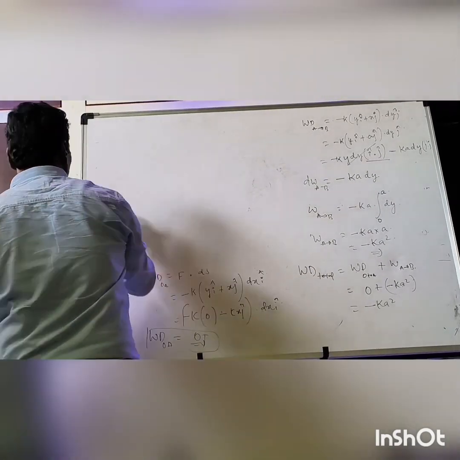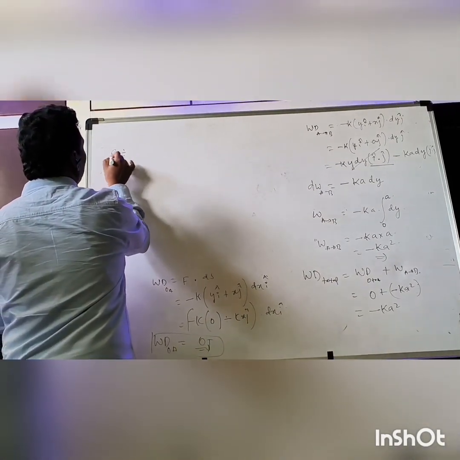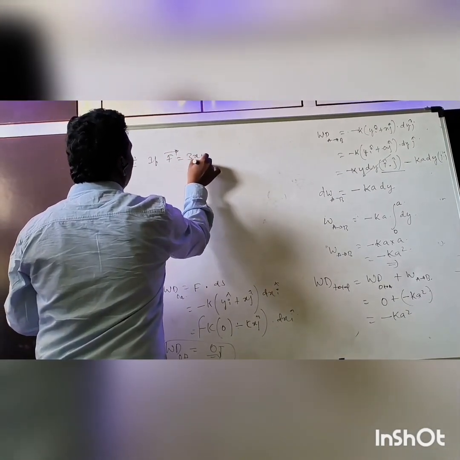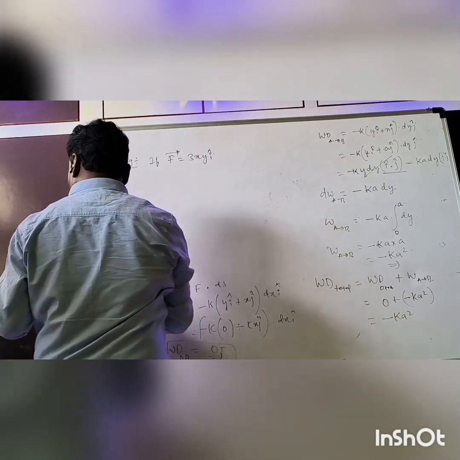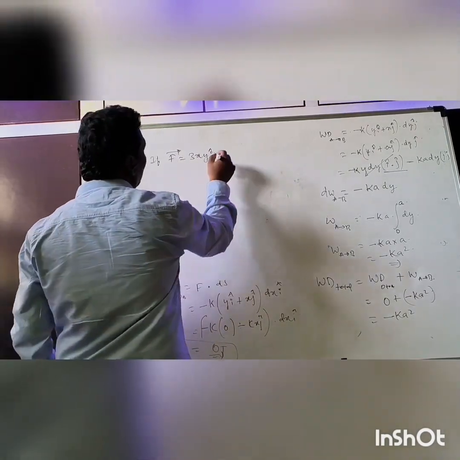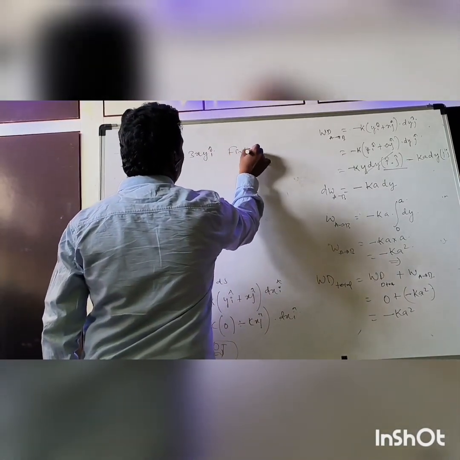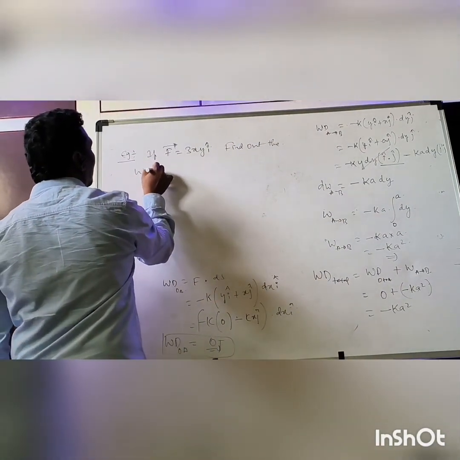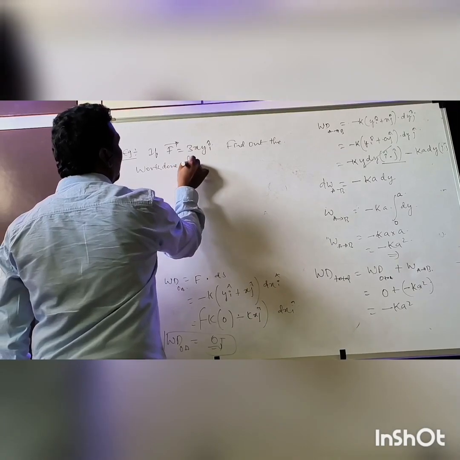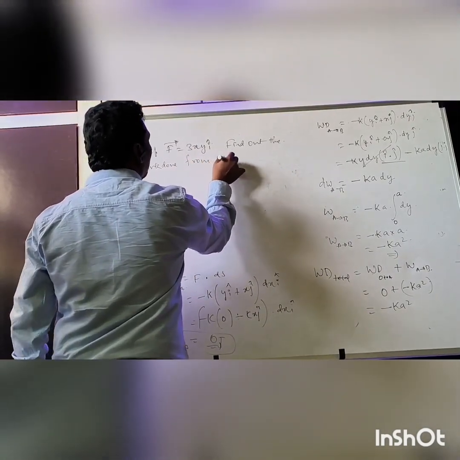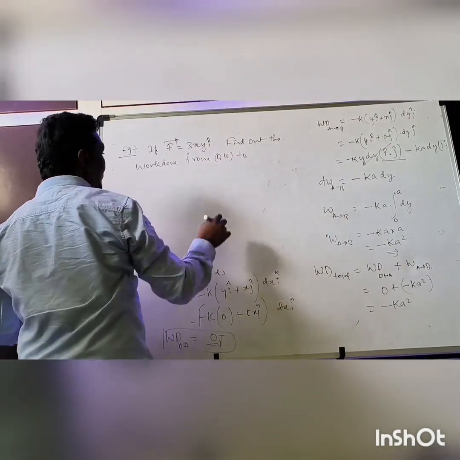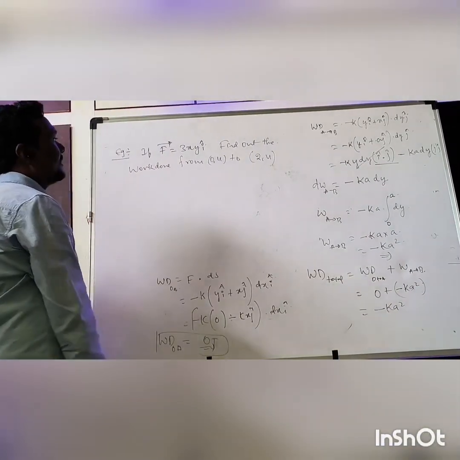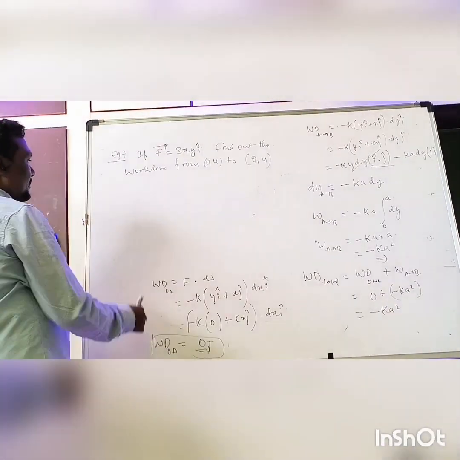Find out the work done from (0, 4) to (2, 4). So we have to find out the work done from (0, 4) to (2, 4).